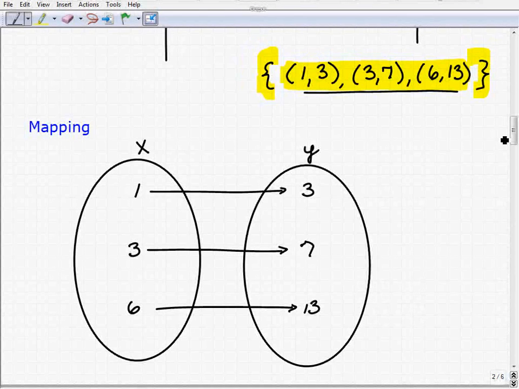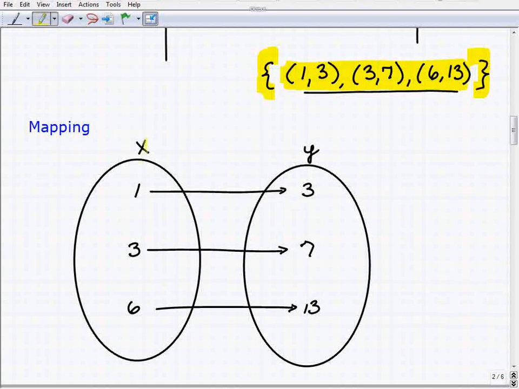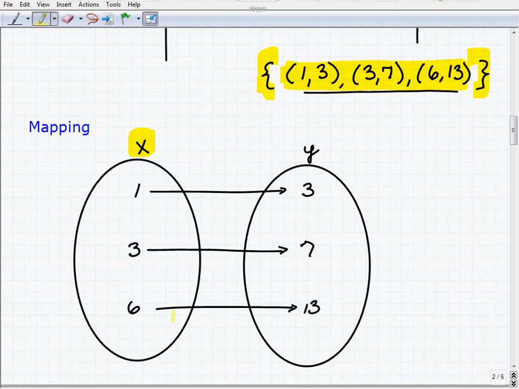So a mapping diagram is the following. It has an oval where you're going to put all the x values for the coordinates of your collection of points. You put the x coordinates in this oval, and then you draw a line to the corresponding y coordinate for that particular point.